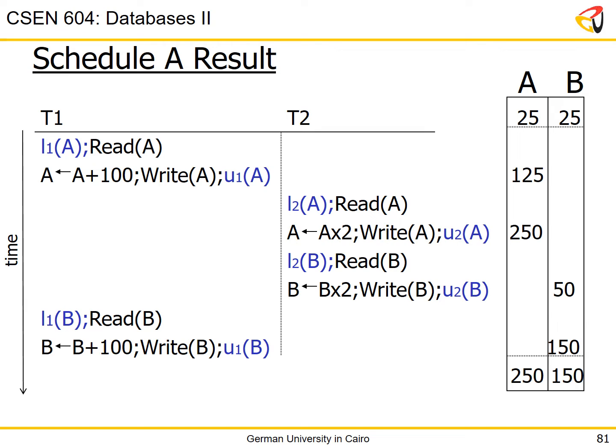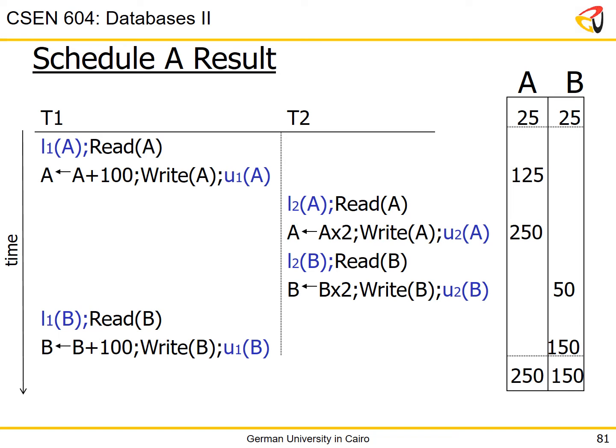Because either we add the 100 first, making the 25 125, and then we multiply by 2 for both of them, so it's 250, 250, that's the serial schedule T1 followed by T2, or we do T2 followed by T1, so we're going to multiply by 2 first, so the 25 becomes a 50, so 50 and 50, and then add 100, so it becomes 150, 150. What we are seeing here is an inconsistent state of 250 and 150.